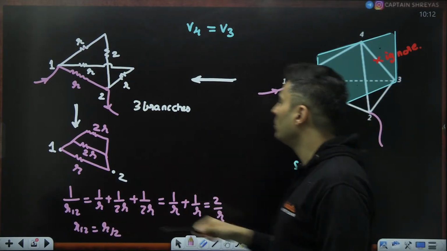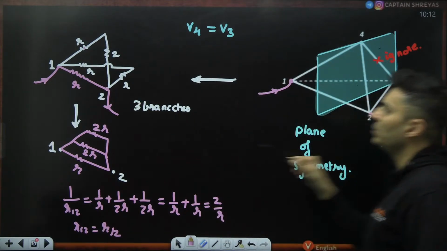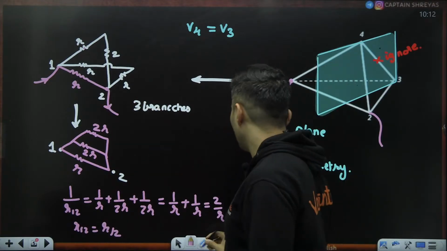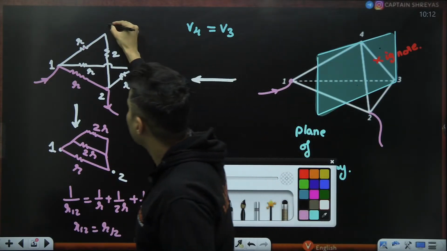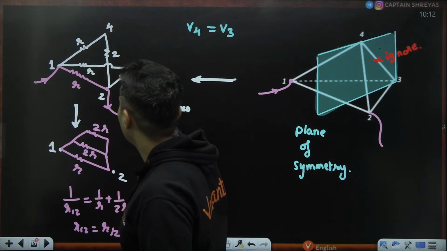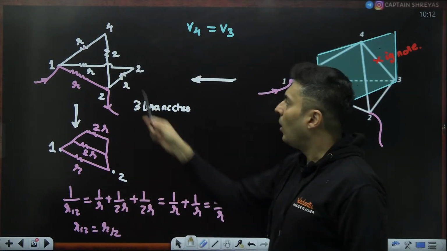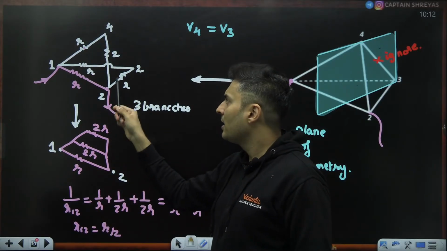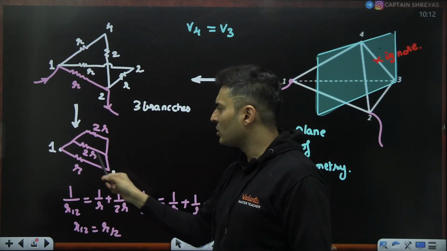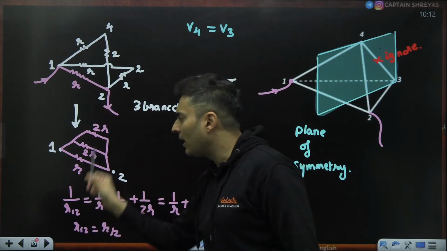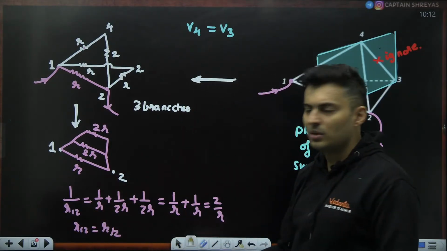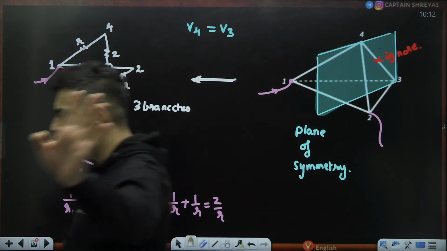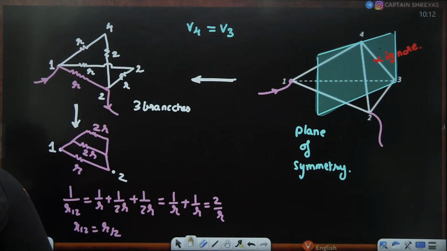And then you have 1, 3 and 2. That's all. So these are the only resistances that will be left out. And all of these are three parallel branches with resistances in series. So 2R, 2R, and this R are in parallel. So find the equivalent using the standard formula. Is this understood, everyone? Clear?